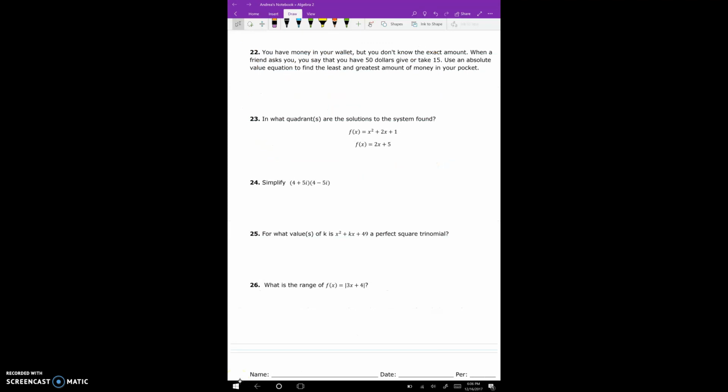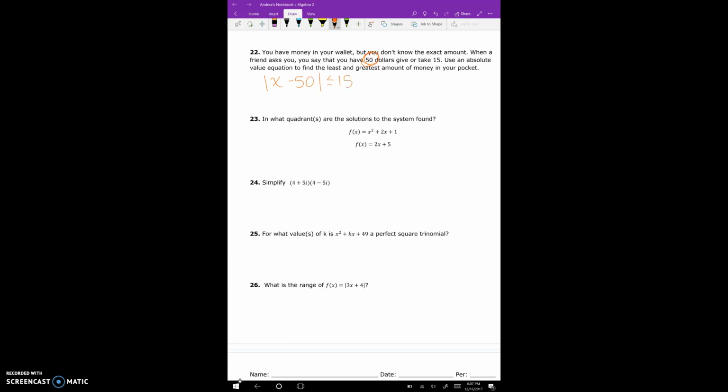For number 22, you have money in your wallet, but you don't exactly know how much. When your friend asks you, you say, hey, I have, give or take $50. So we're going to write an absolute value equation that demonstrates this. So I'm going to have the absolute value of, we don't know how much it is, so whenever you don't know something, you put an X or Y, any type of variable really, minus this number here, which is my $50, is less than or equal to 15.